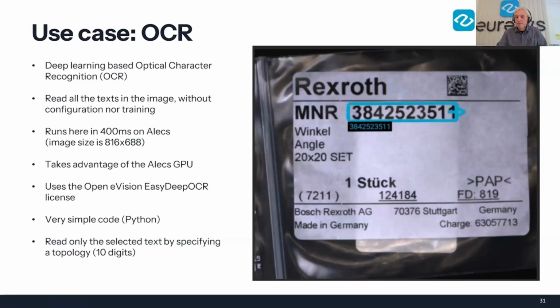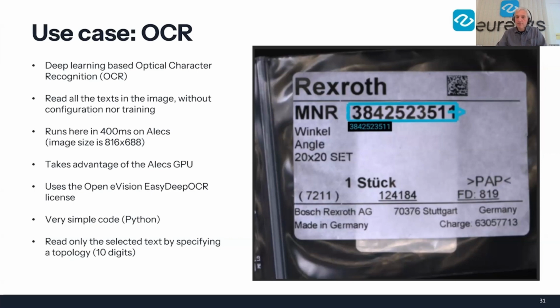But most of the time, you don't need to read all the text in a sticker like that. Maybe you would only like to focus on the part number. And there are, of course, different ways to focus on that. You can just define a region of interest and just read the text in that area. It will be a lot faster then. Or you can use a very interesting function of DeepOCR, specifying a topology.